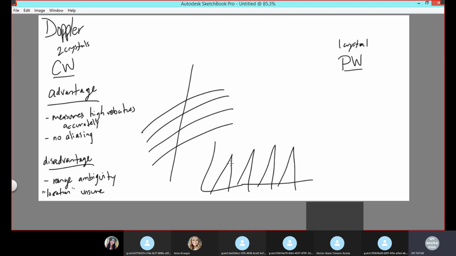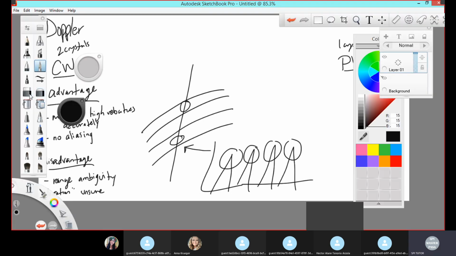So when we look at this wave right here, if we already use color and we know that the fastest is coming from here, right? When we see this wave, we know that the fastest, which are the peaks, are coming from here. But that's only because color Doppler already told us that, okay? But if I were to not use color Doppler and just put continuous wave, I wouldn't know where these peaks are coming from. I wouldn't know if it's from there or if it's from up here. I wouldn't be able to because of the range ambiguity, okay?